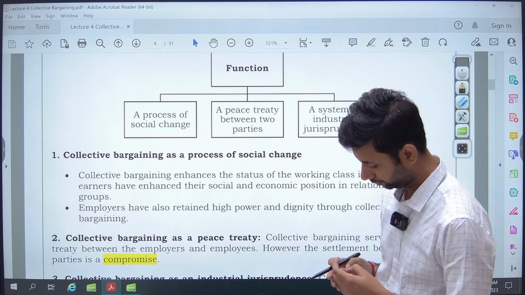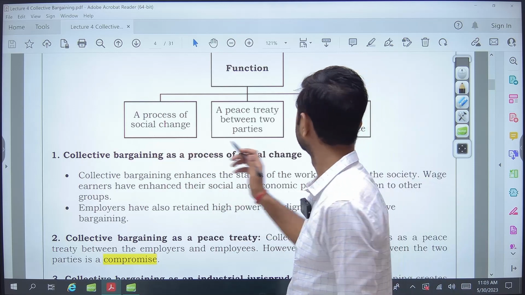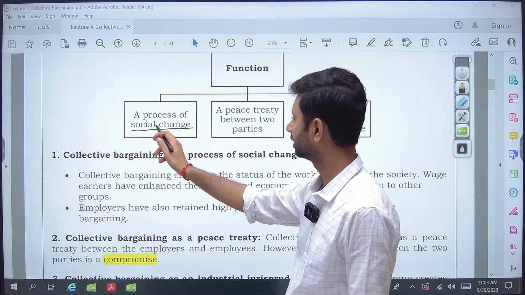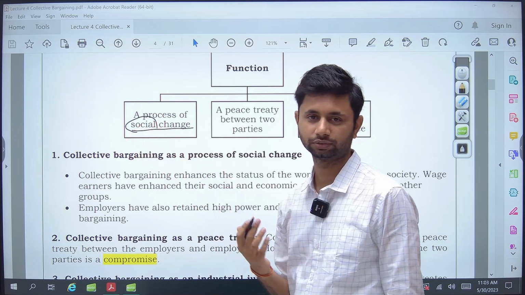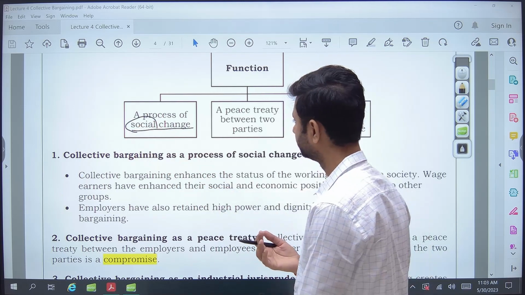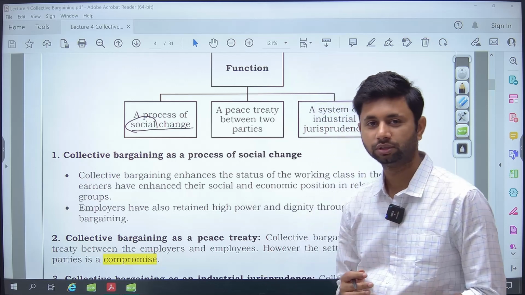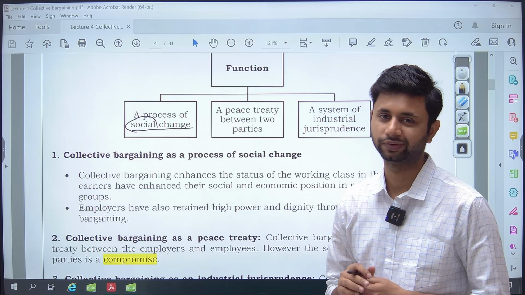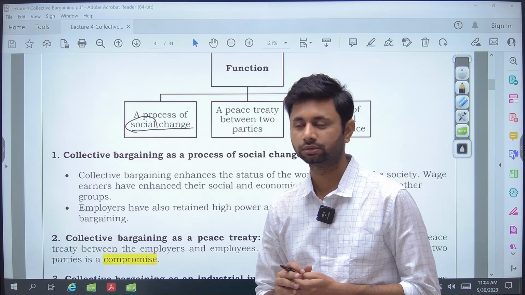Initially, social change means whatever is inherent in society, or the power relationship between two stakeholders. We've already talked about this in the definitions of Flanders and Stevens.